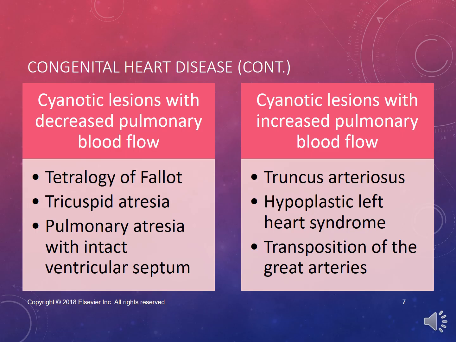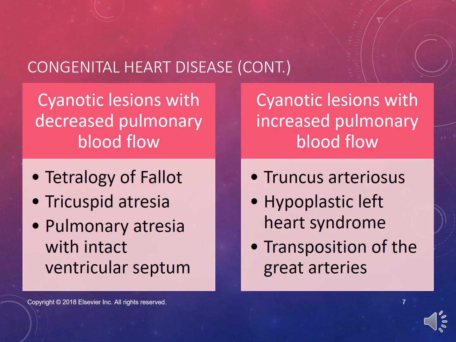The child may also have a VSD along with the transposition. At birth, the child will be cyanotic, so these are not usually missed. They may have hypoxia despite being given oxygen. They'll almost instantly go into heart failure, and they'll have progressive desaturation despite our treatments.